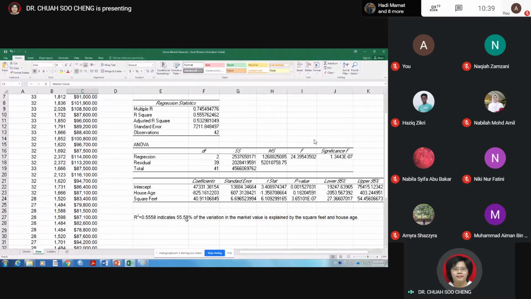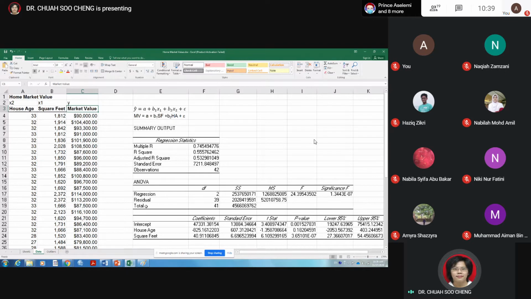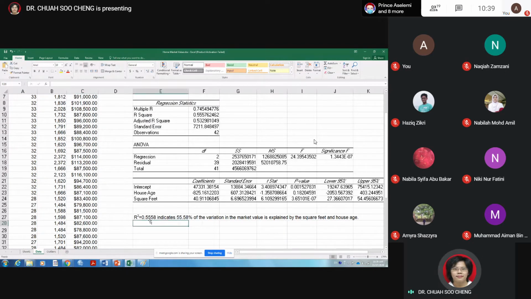It means that there are other variables than square feet and house age that may influence the house market value. And these other variables stand for 44.42%.